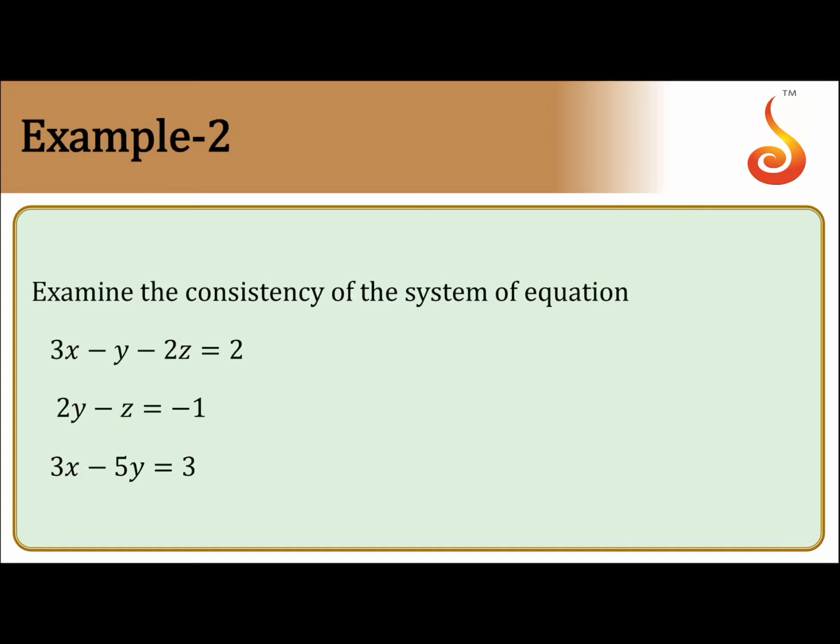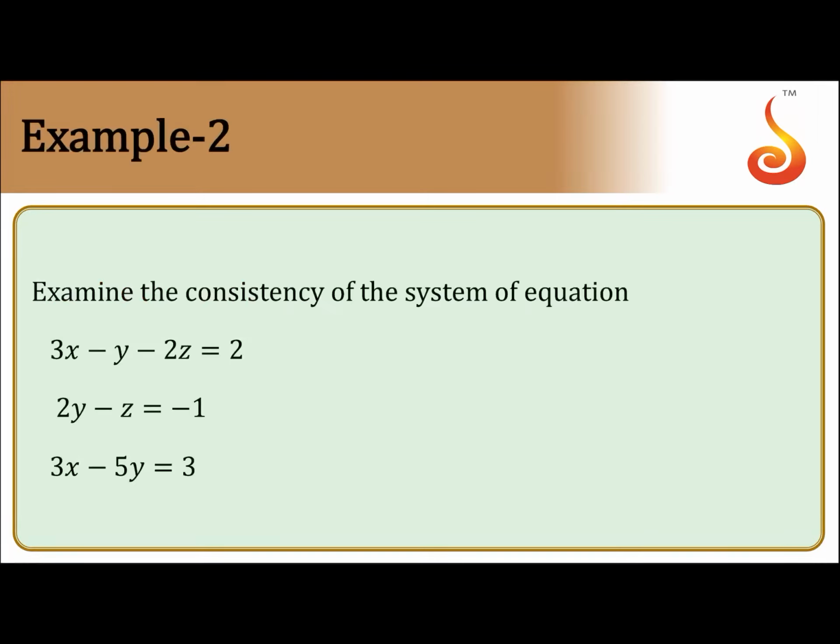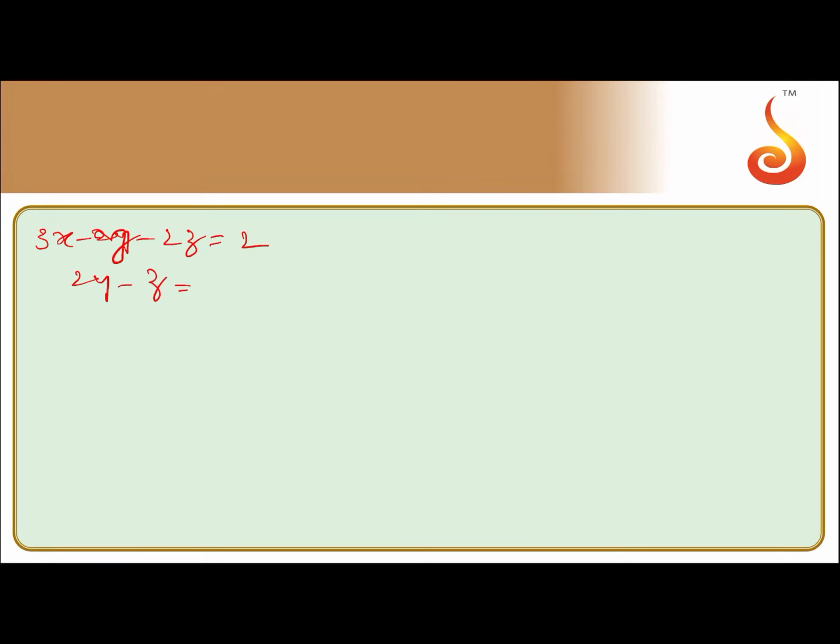Let us proceed to the second example. Examine the consistency of the system of equations. 3x minus y minus 2z equals 2, 2y minus z equals minus 1, and 3x minus 5y equals 3.